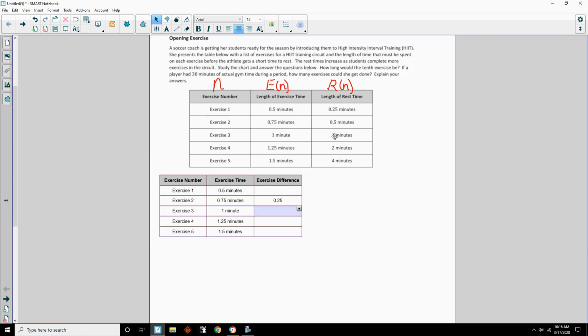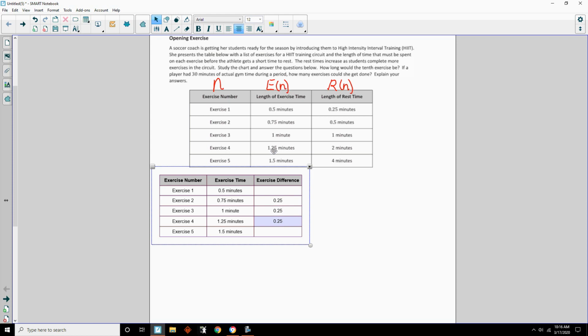Okay, and then we're going to 1 minute minus a half a minute. Exercise difference. 0.75 minus 0.5 is 0.25. 1 minus 0.75 is 0.25. 1.25 minus 1 is 0.25.